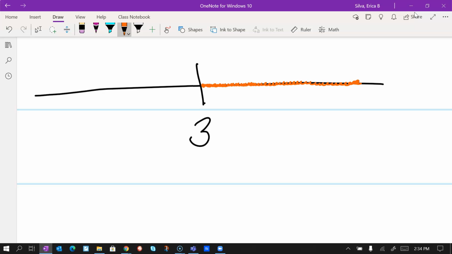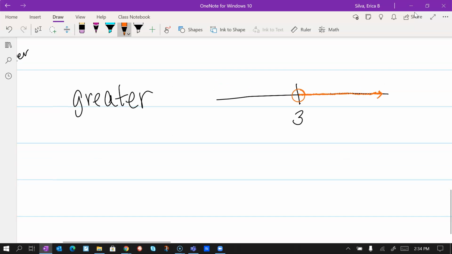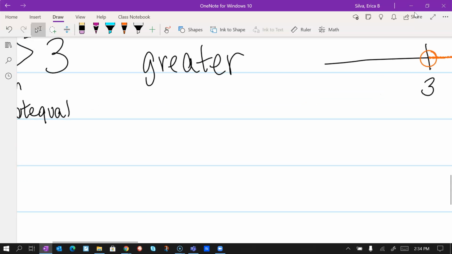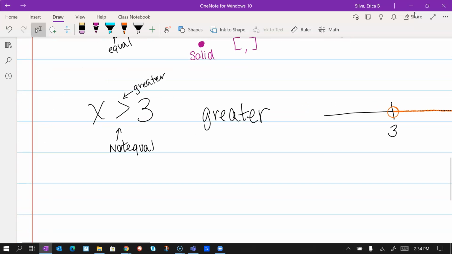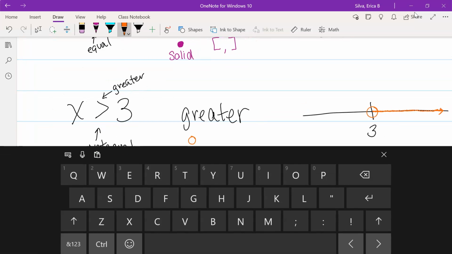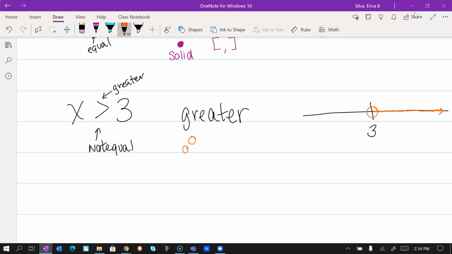But we need a placeholder, and that is why we use that empty circle. So we know we start at 3, but we're not including 3. So in this case, we use an open circle, and we use parentheses when we're talking about interval notation.